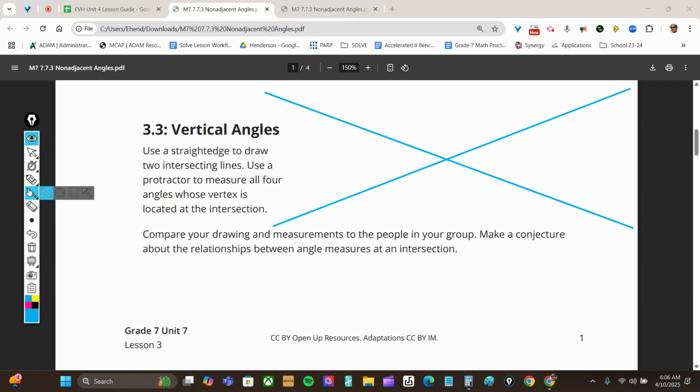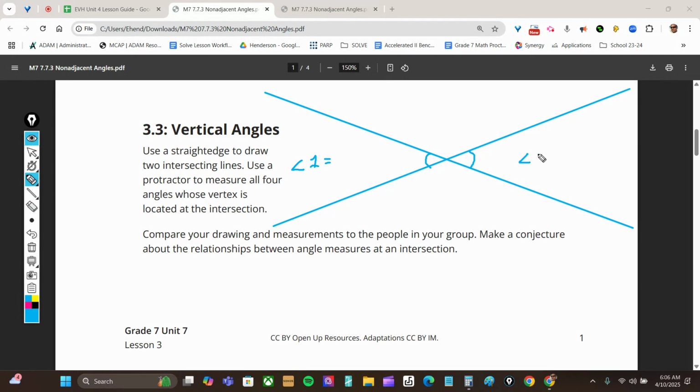Then you're going to measure all of the angles. Measure angle 1, measure all of these angles. Alright, let's see what you get.